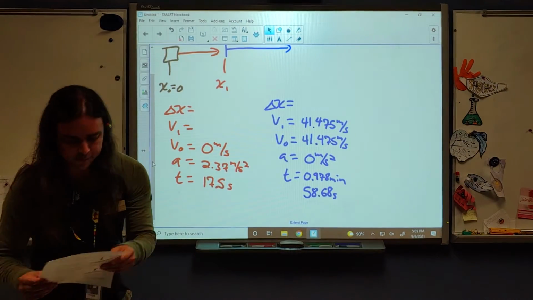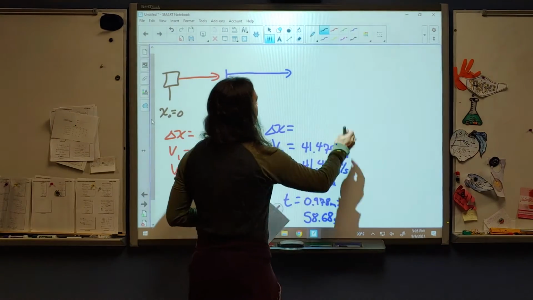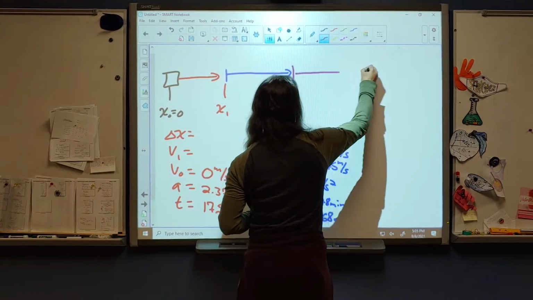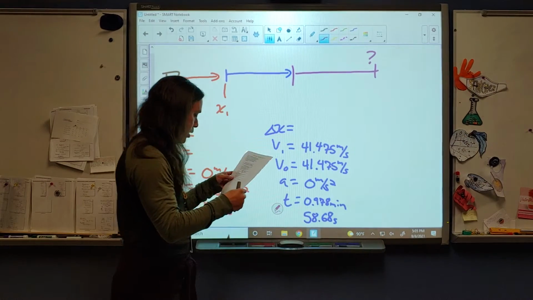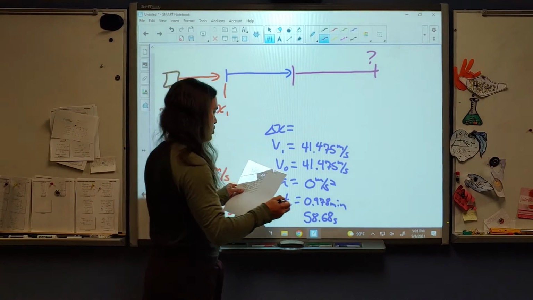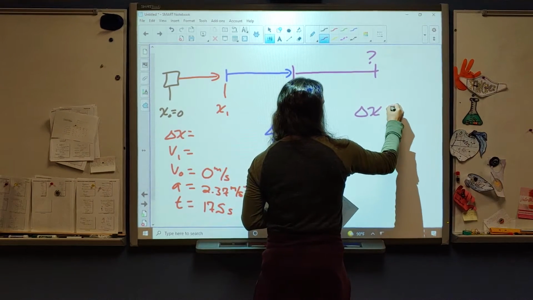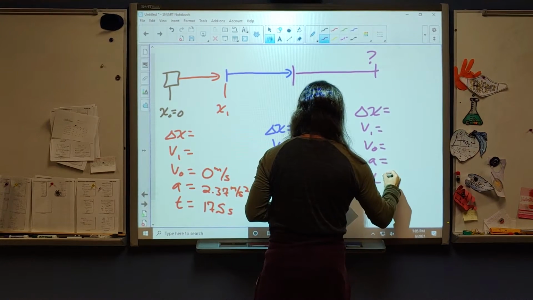And then finally, for the final section, we'll do this with purple, I guess. I'm going to mark question mark because on this one, they say that they're subjected to a constant negative acceleration, delta x, v final, v initial, acceleration, and time.